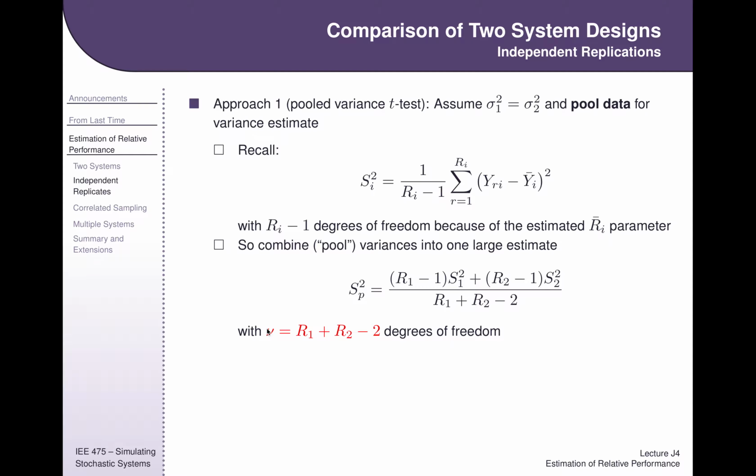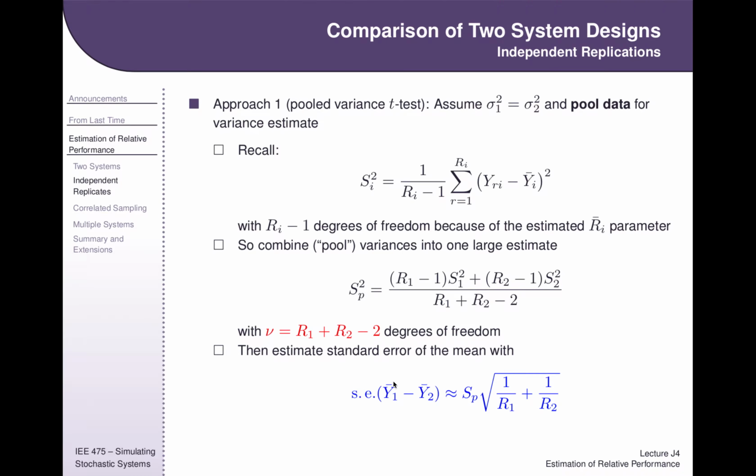So we have this many degrees of freedom, and we have this standard error of the mean. And this is the pooled variance. From this pooled variance, we can then estimate the standard deviation of the mean, and we end up getting this formula right here.